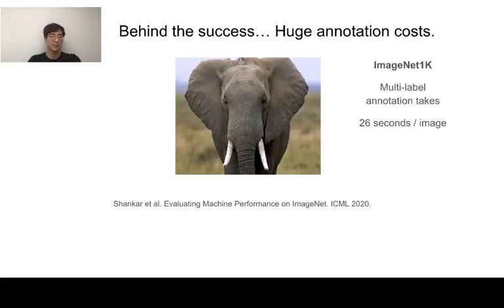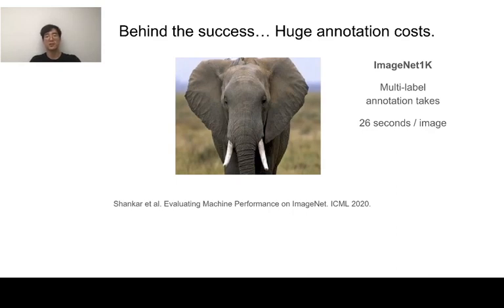But behind the success, the driving force is the growth of computing resources like GPU machines and also huge data, in particular huge annotation costs. For example, to annotate a single image on ImageNet 1K, multi-label annotation takes about 26 seconds per image.